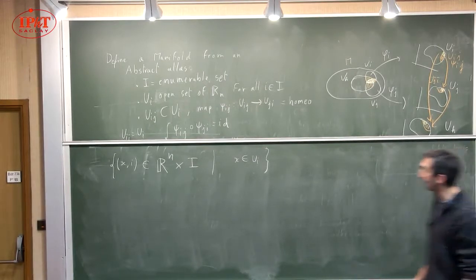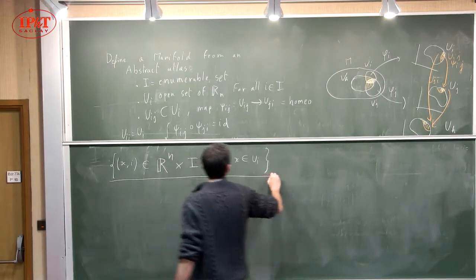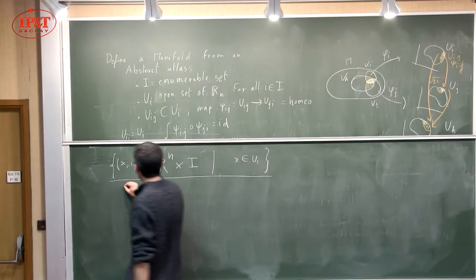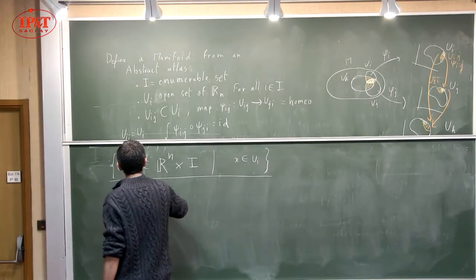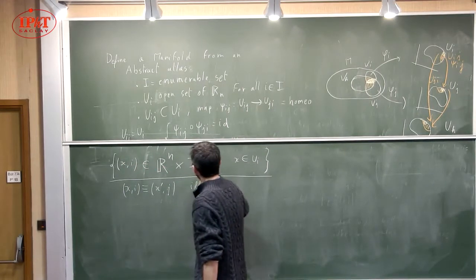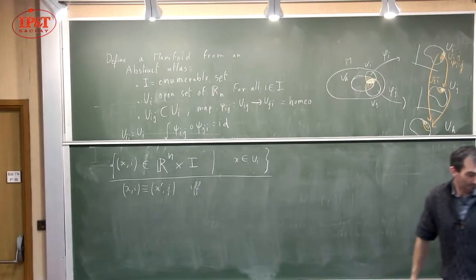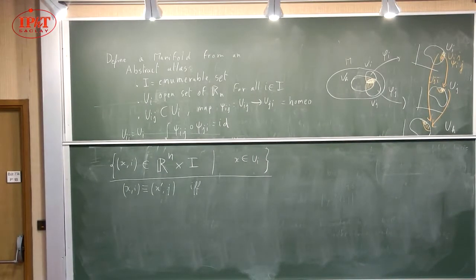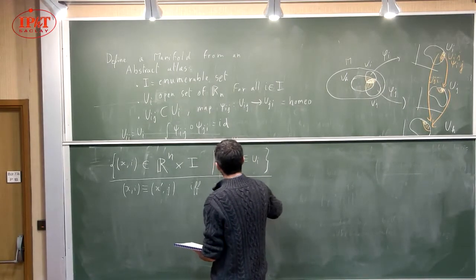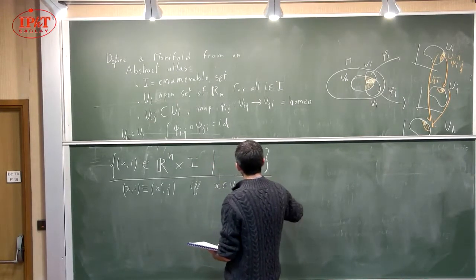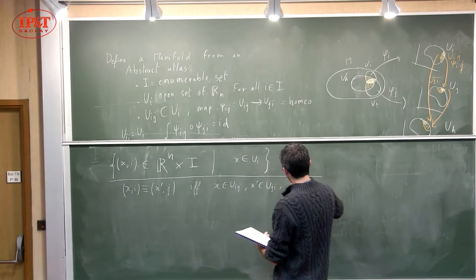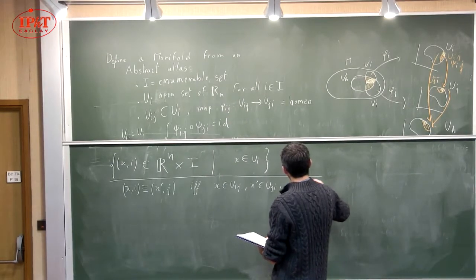But that's not enough. We shall quotient it by an equivalence relation. The equivalence relation is simply that (x, i) is equivalent to (x', j) if and only if x belongs to Uij, x' belongs to Uji, and psi ij of x equals x'.